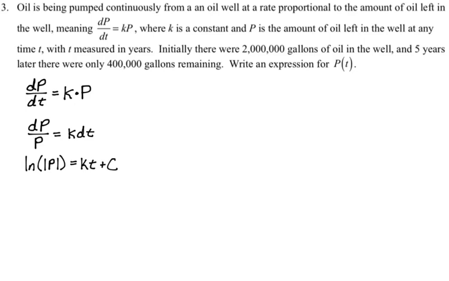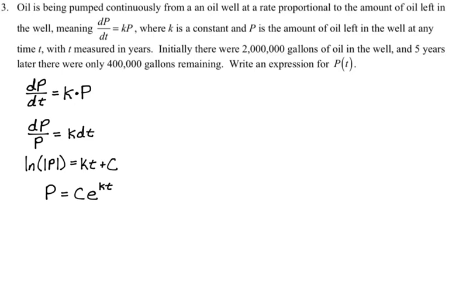At this point, I always exponentiate and get rid of the absolute value and bring the constant down at the same time. So P is equal to Ce to the kt. A lot happened there, so hopefully you've done these before and you can review that process or watch the videos and review it from there.